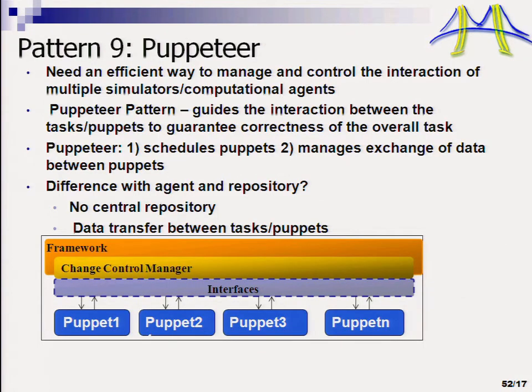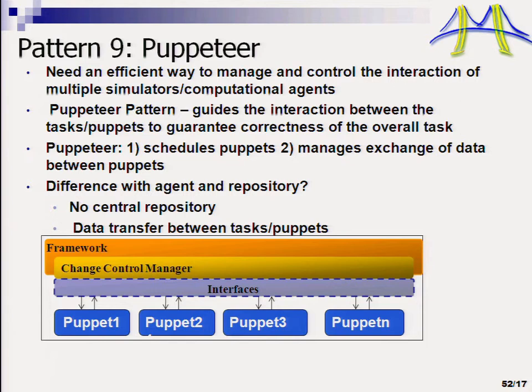Okay, last structural pattern I want to treat today is puppeteer. Do we have many people from up the hill and so forth, scientific applications people in our august audience this very morning? Okay, well, the basic notion here is we have a series of puppets which are kind of in their own computational universe.